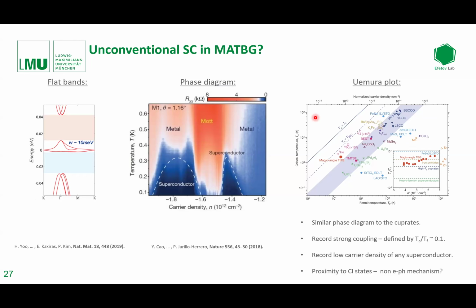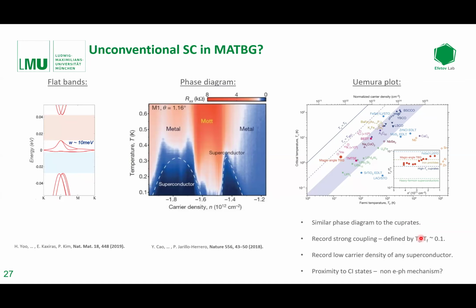Or in other words, while TC is reasonably high, a few Kelvin, the Fermi temperature is extremely low in the system, because we deal here with a semi-metal with a Fermi energy which is very, very close to zero, very small compared to traditional metals. So the TF and the carrier concentration of the electrons that make up the superconducting state is extremely low.